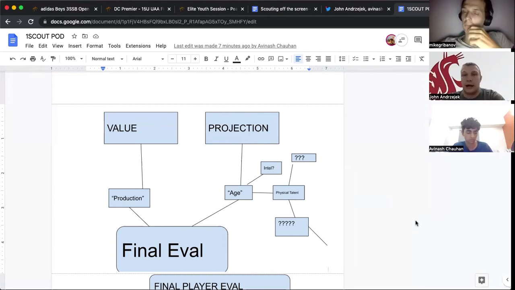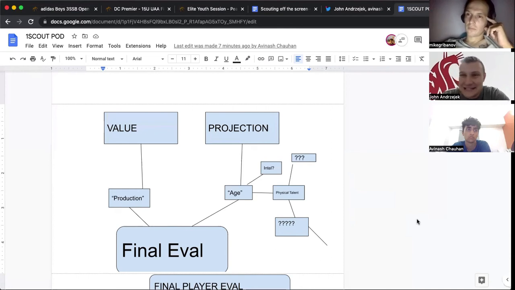Now, I think they're correlated. I think you definitely have to second guess yourself if a guy is producing extremely well, but your projection is saying that he has no chance at the next level.